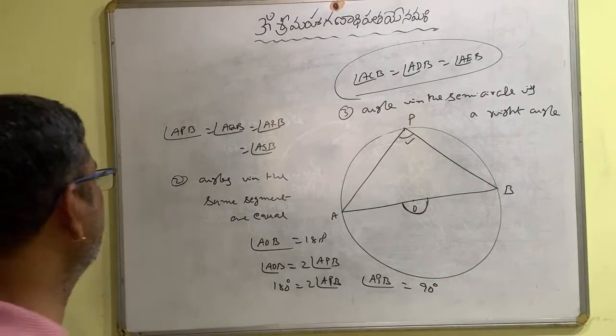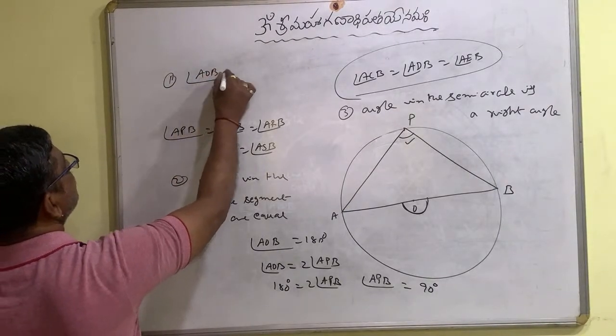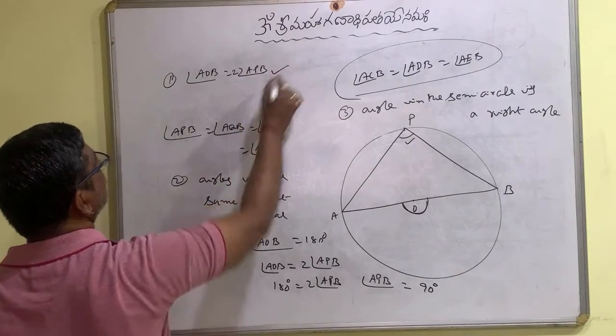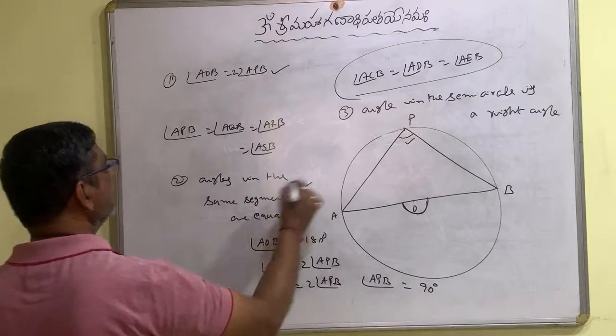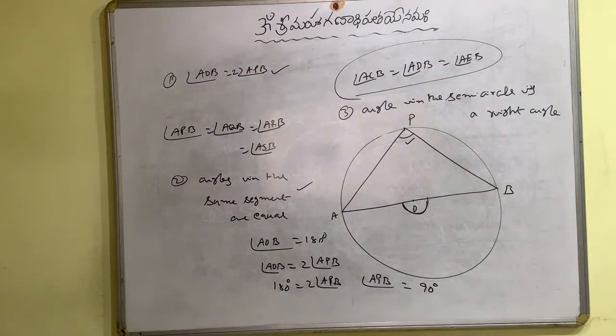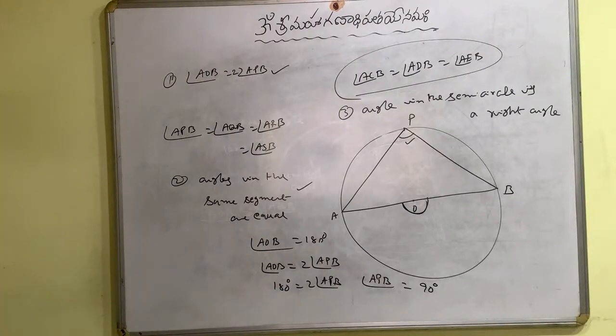What is the first property? Central angle is double the inscribed angle. Second property, angles in the same segment are equal, either minor segment or major segment, or angles subtended by the same chord at different points on the circle are equal.